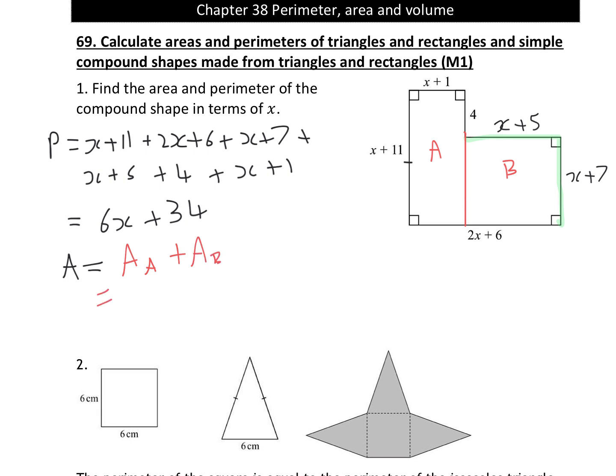So the area would be the area of A plus the area of B. What's the area of A? Well, it is x plus 1 by x plus 11. The area of B is x plus 5 by x plus 7.